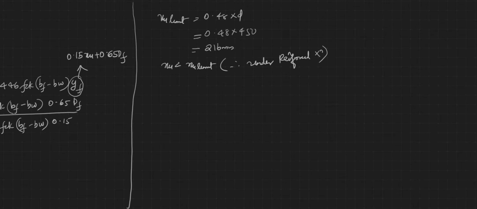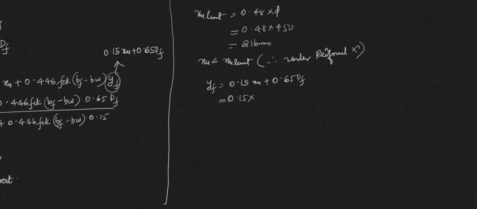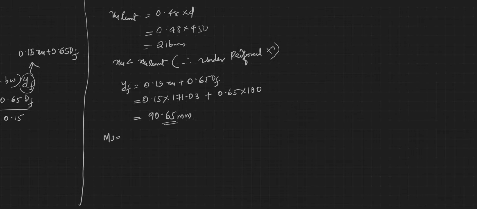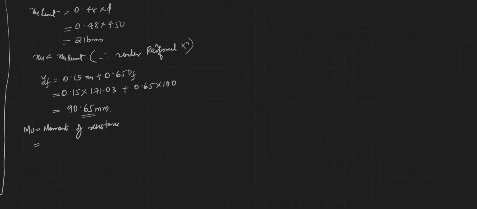Now we know the value for XU, so we can determine the value for YF. YF is 0.15 XU plus 0.65 DF, that is 0.15 into 171.03 plus 0.65 into 100. I'll get this value as 90.65 mm. So the equation for Mu, the moment of resistance, with respect to concrete, I am writing C1 into lever arm plus C2 into lever arm.